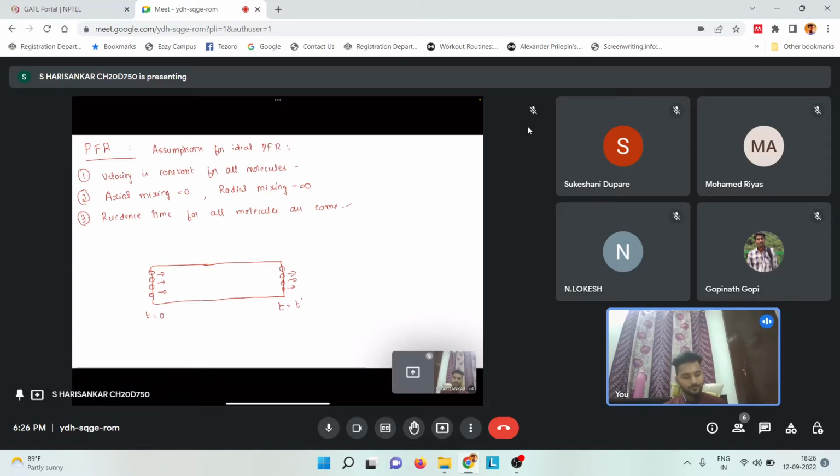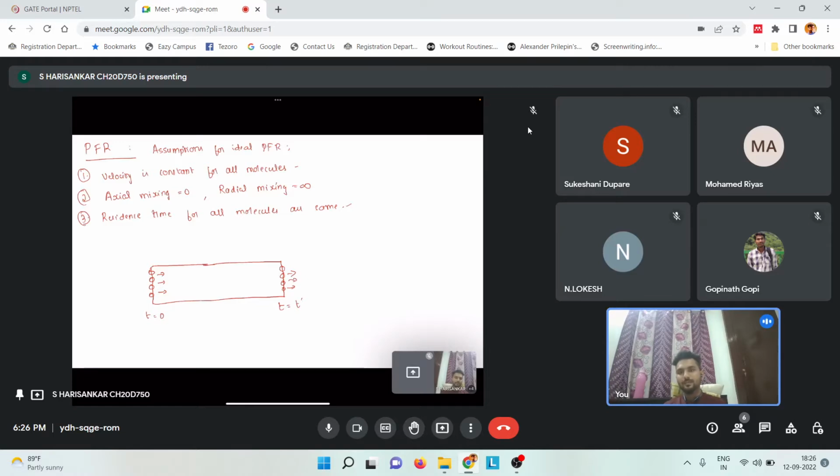That means all these molecules are traveling at the same velocity throughout the PFR. The residence time is the time during which the reactant molecule stays inside the reactor. This time is the same for all four molecules. So that is the first and third assumption.